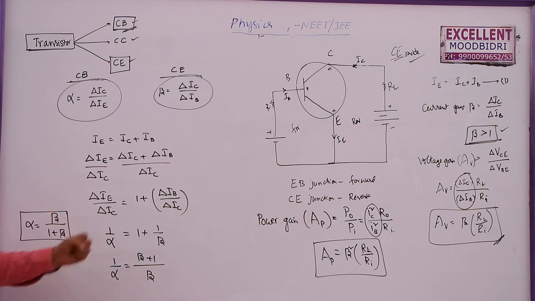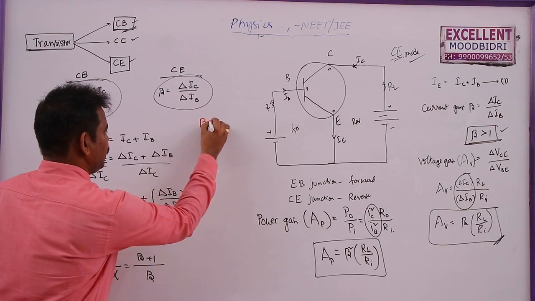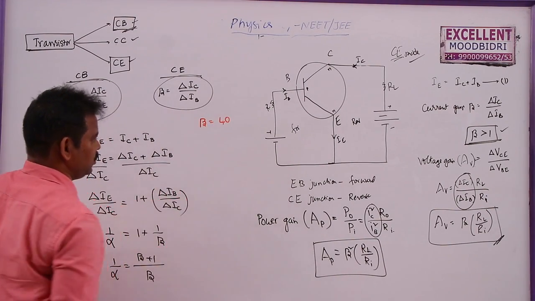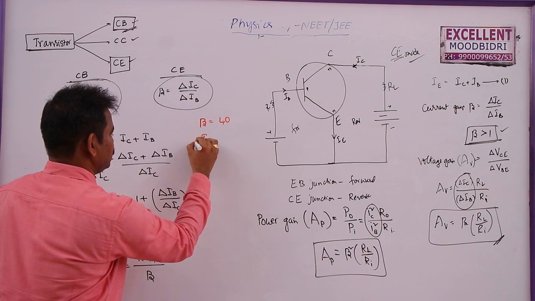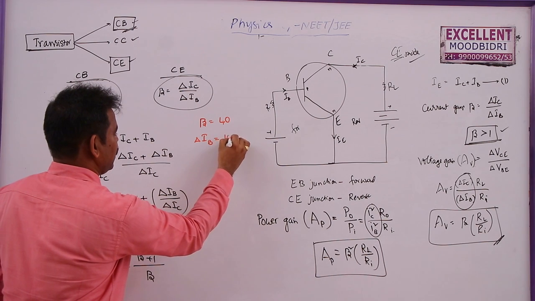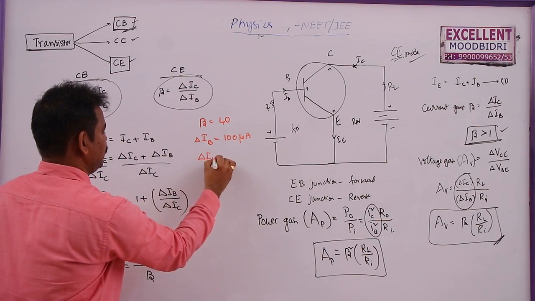For example, if you solve a problem here, let us say in a common emitter mode beta is 40, and a change in base current is let us say 100 microamperes. Find the change in emitter current.